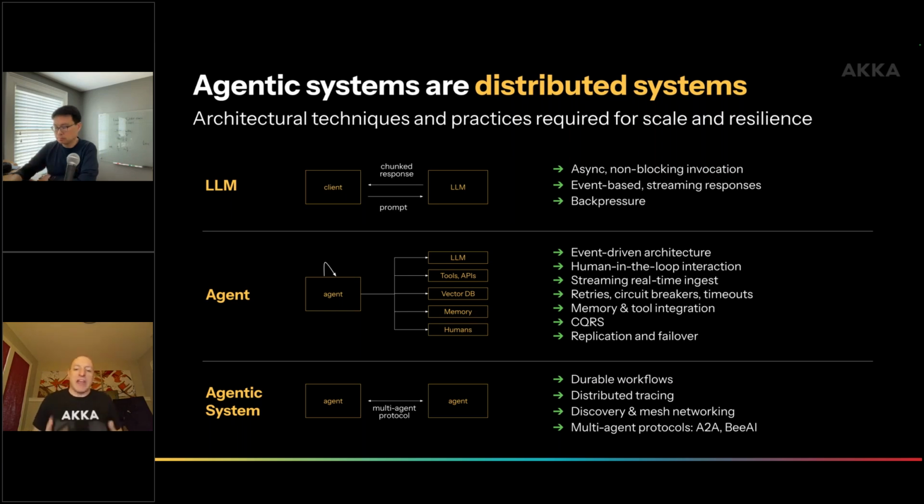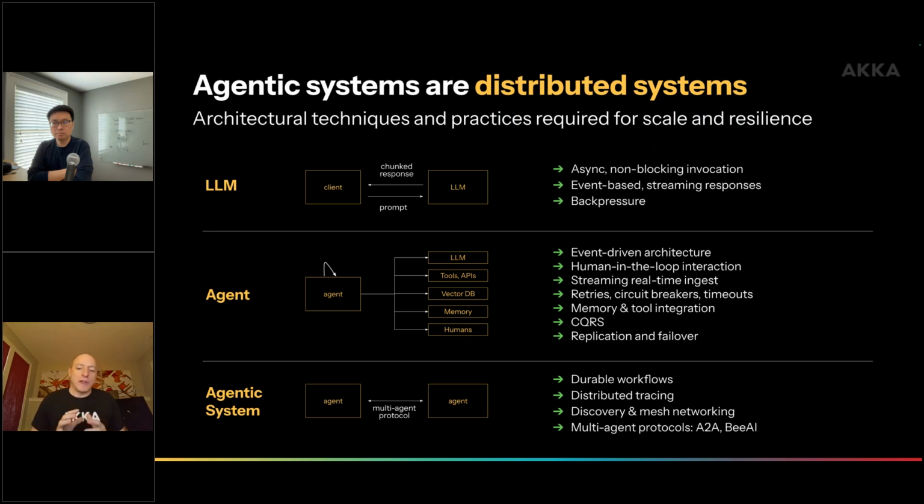And when you're dealing with agents, now you have to recognize that many agent enrichment loops have human-in-the-loop interactions. That's usually some sort of workflow construct associated with that. You're going to want that to be an event-driven architecture, which means there's going to need to be retries, circuit breakers, and timeouts.